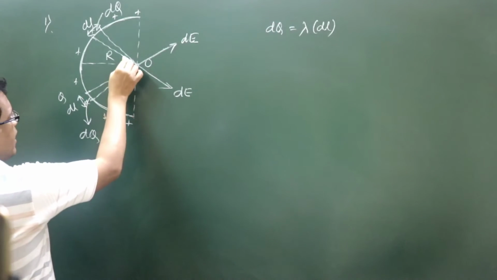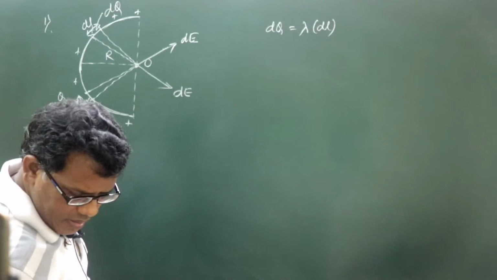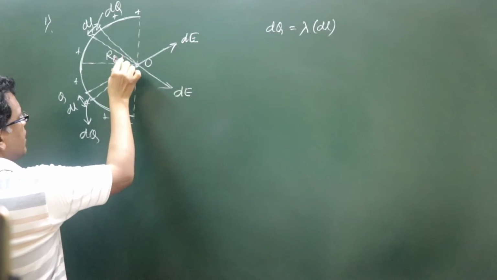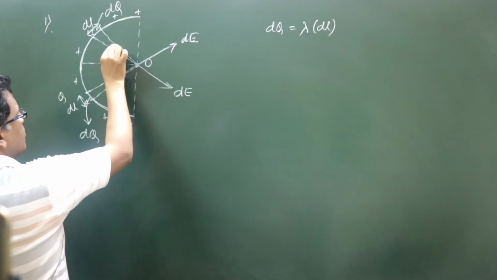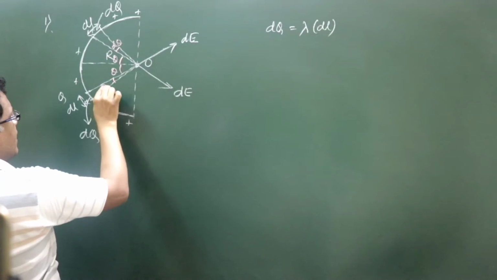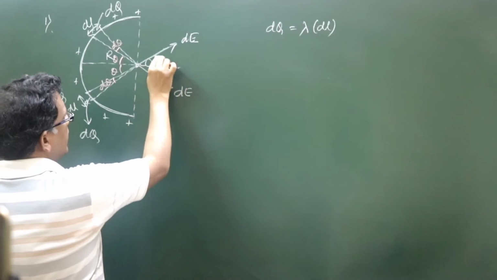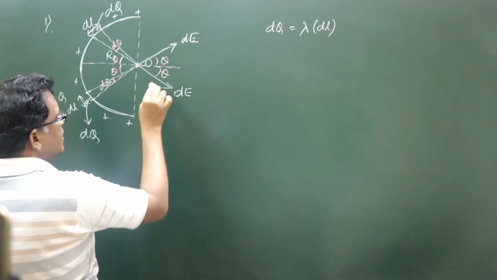So geometrically, this is theta, so this is also theta. These two small segments subtend an angle d theta each, right? So as per geometry, these two angles will be theta each.